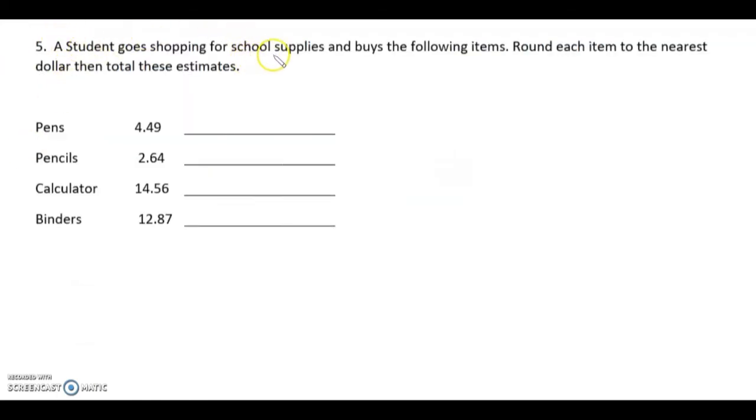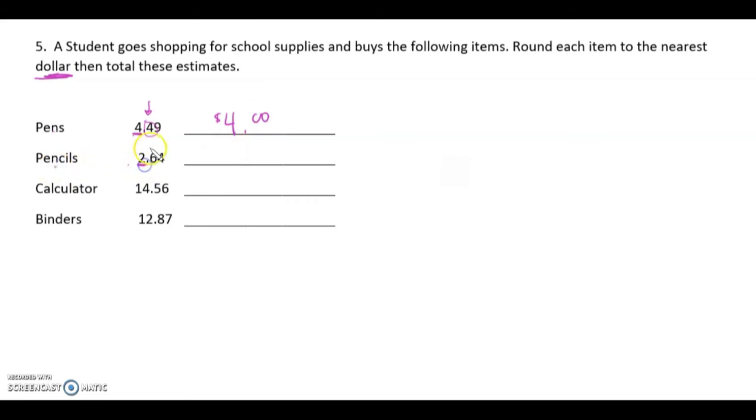A student goes shopping for school supplies and buys the following items. Round each item to the nearest dollar and then total the estimates. So we have pens that are $4.49. So rounding to the nearest dollar, we're going to round down to $4. Pencils are $2.64.